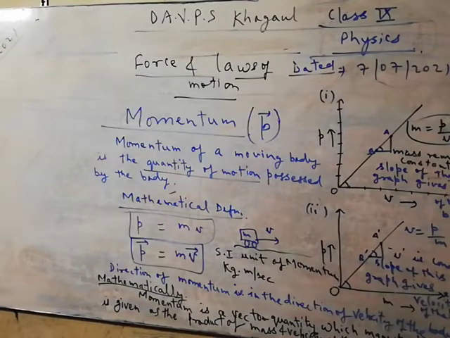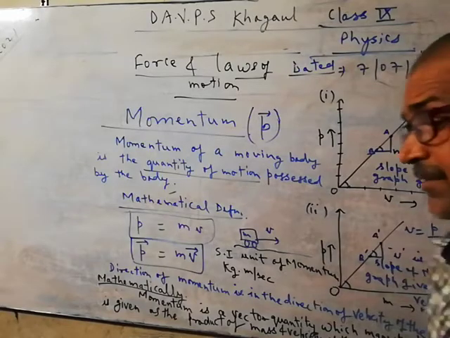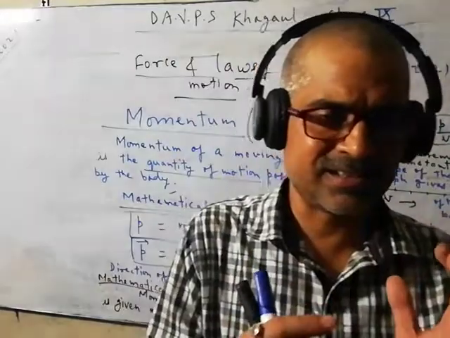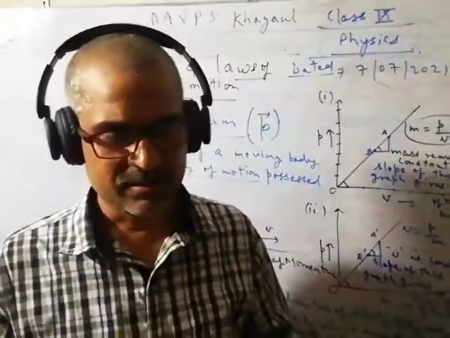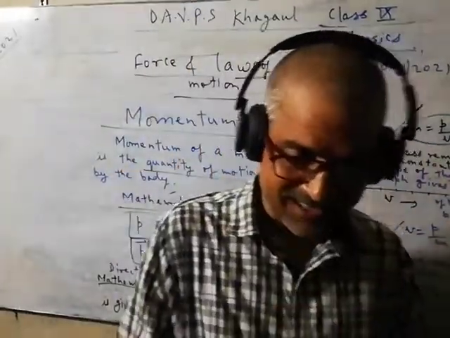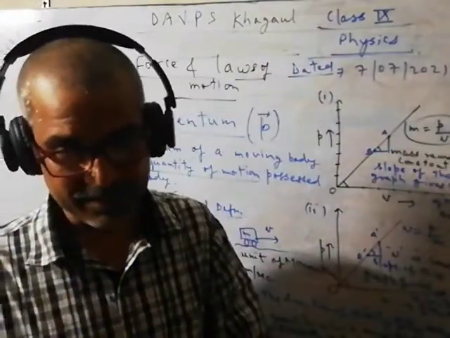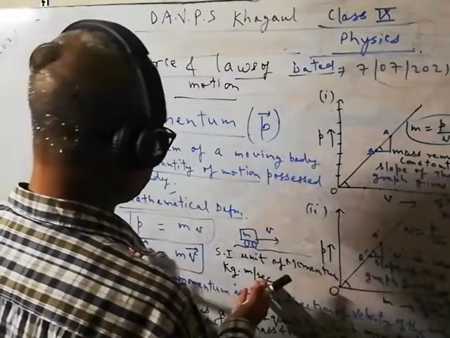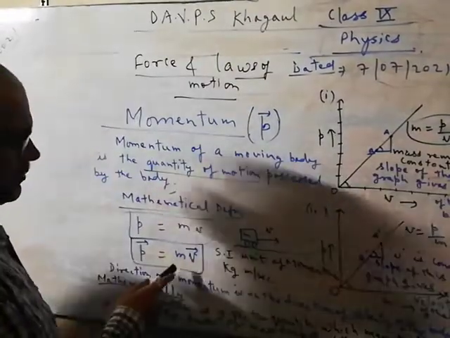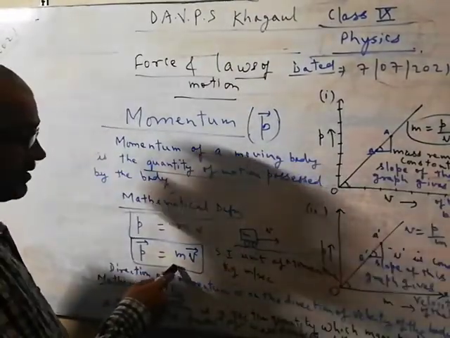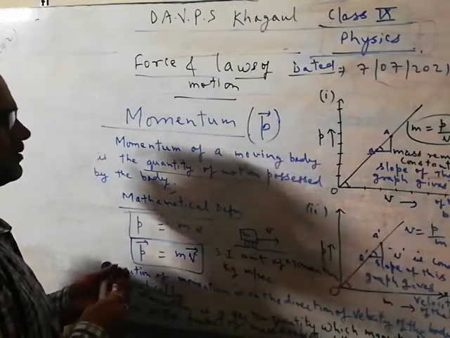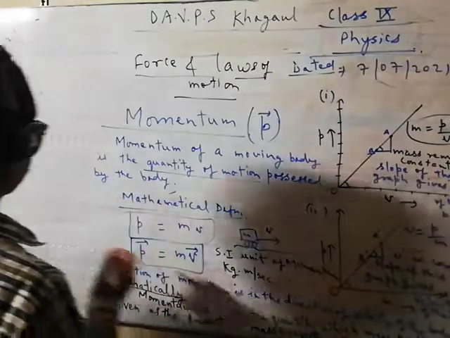You remember all these ideas. That is very important to solve numerical problems, because whenever we solve numerical problems, we use SI units in maximum cases. Sometimes there is a particular case for CGS units. So what will be the CGS unit of momentum? It will be gram centimeter per second.